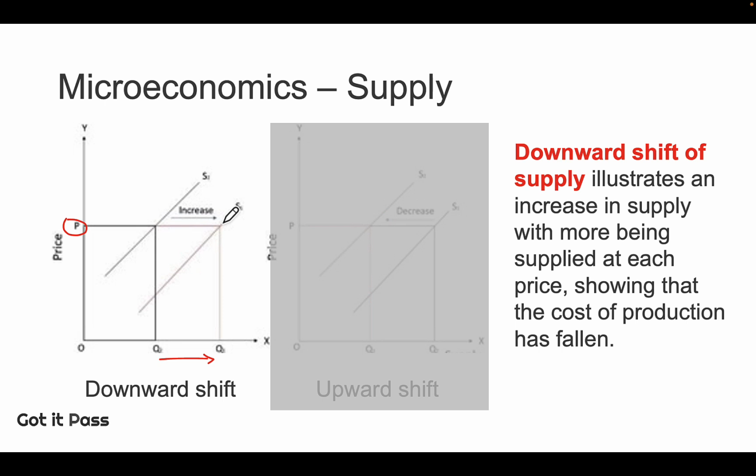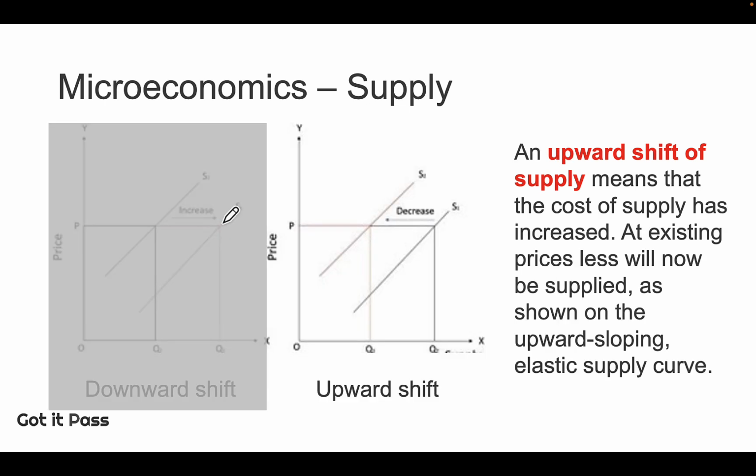And next, the upward shift. The upward shift of the supply curve means that the cost of supply has increased. At the current price point, less will be supplied now. As shown here in the graph, the price does not change because of the shift in the supply curve, what we call the upward shift.